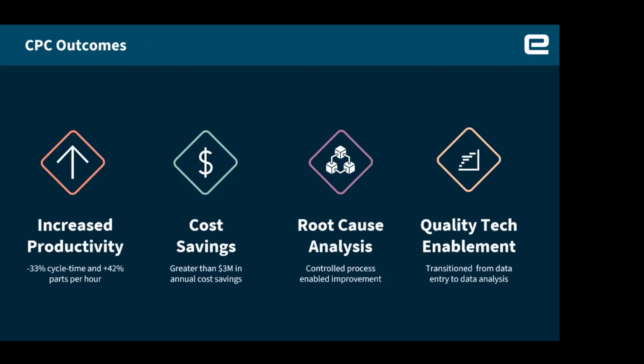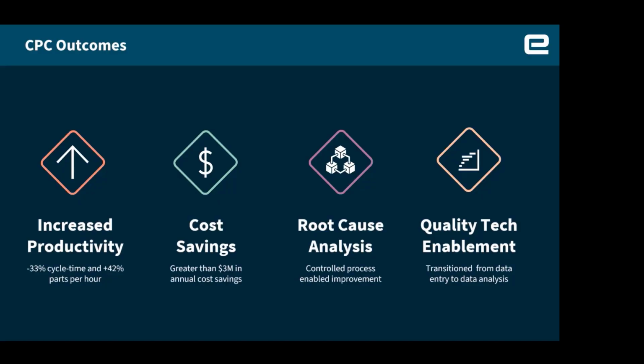So how the client was helped was the results being increased productivity, okay? A 42% increase in parts per hour. They had a huge cost savings over their enterprise of over $3 million in actual annual cost savings. They were able to get that root cause analysis that they needed, all that information, because of the controlled process and analytics that they had at their fingertips.